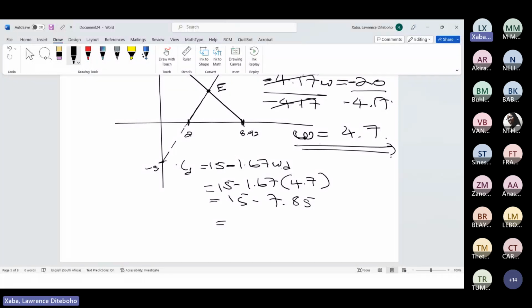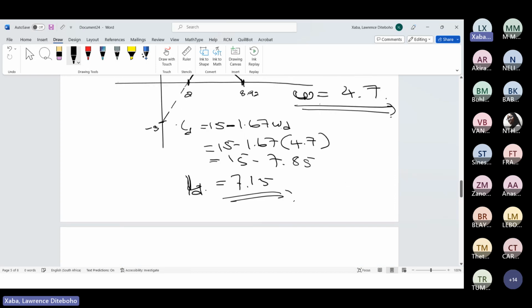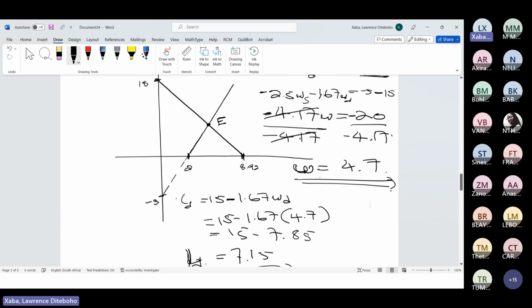So we have 7.115 as equals to L subscript D. So let's take the second equation and see, are we getting the same values?